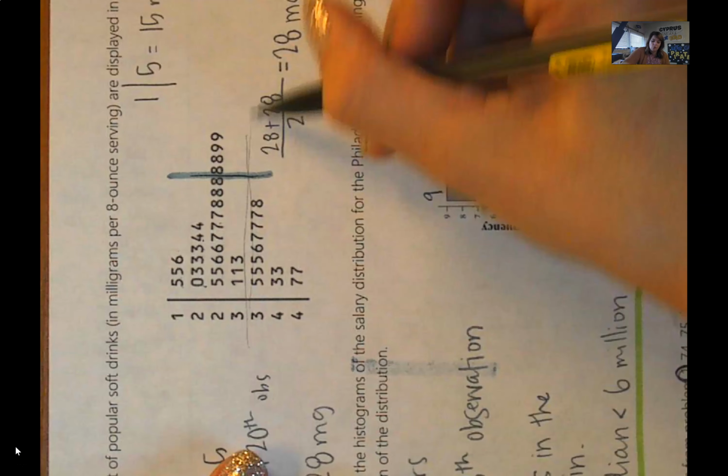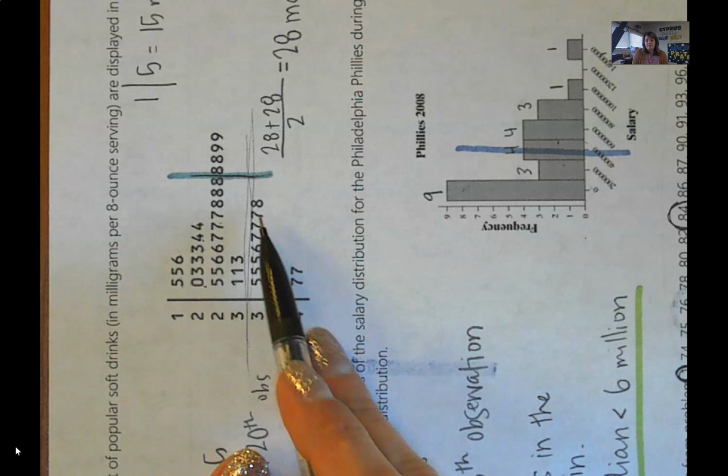I could understand if you thought bimodal. I think that you would get full credit if you said bimodal, because you kind of have a peak here and a peak here. But I think for me, I might say that this guy is roughly symmetric.